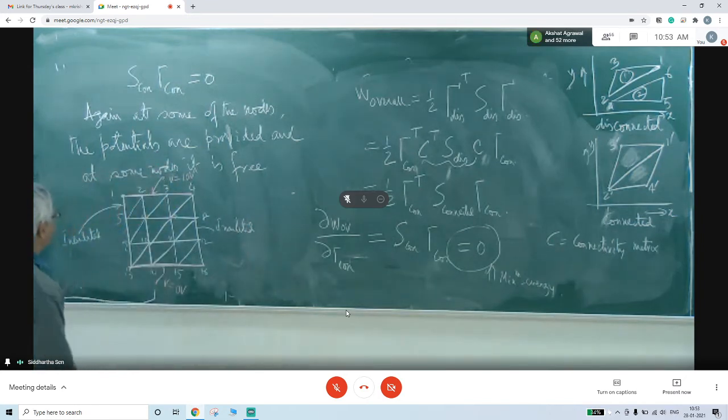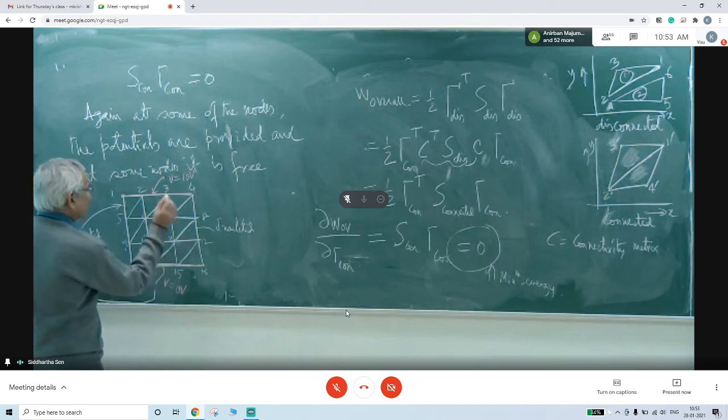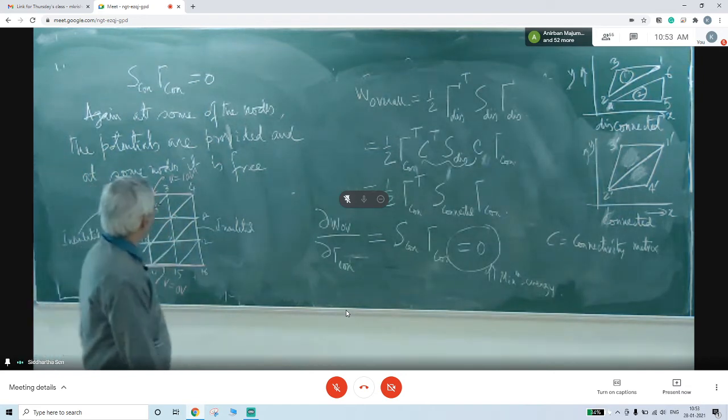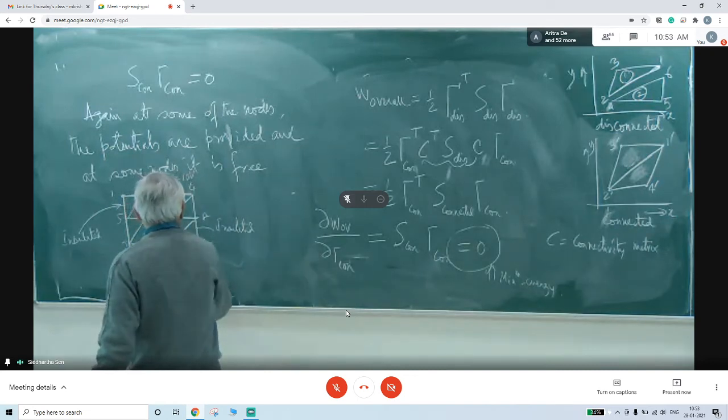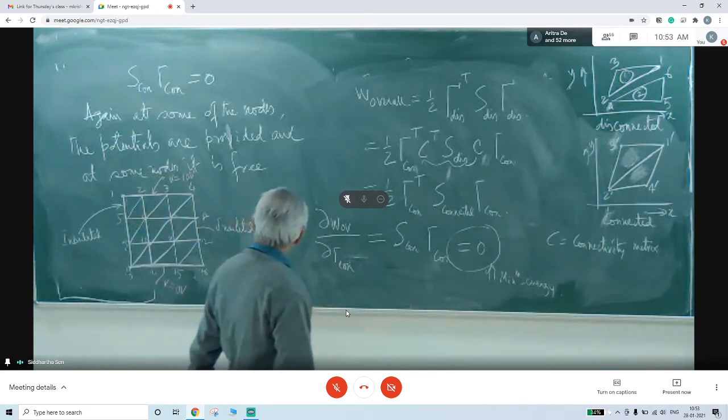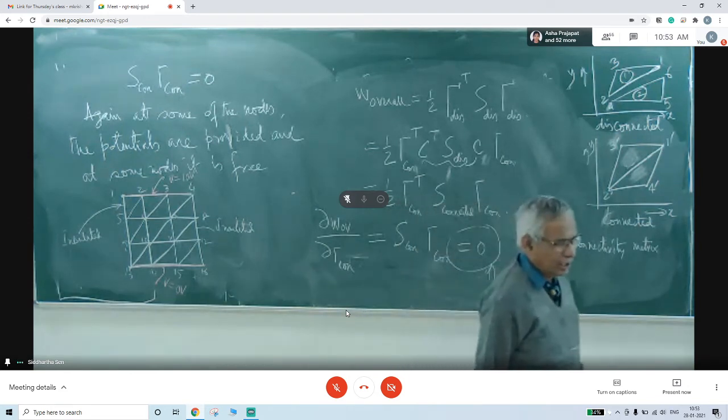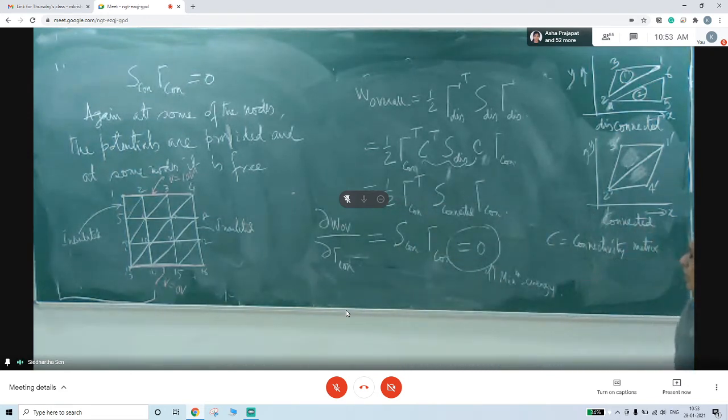And there are many points where it is free. So the nodes 1, 2, 3, 4, 13, 14, 15, 16, these 8 points, are free, and your task is to find the potentials at the remaining 8 points.